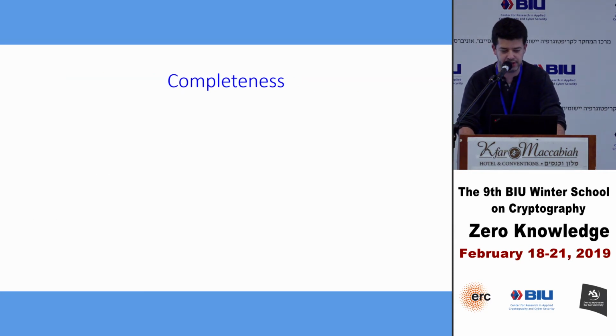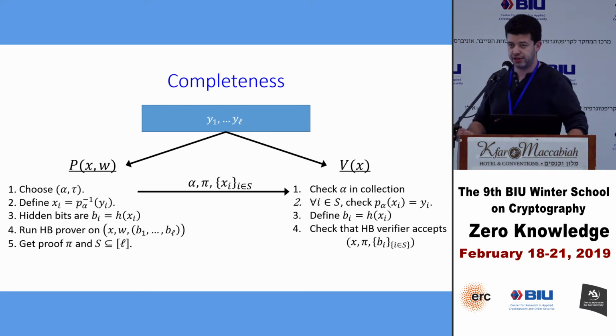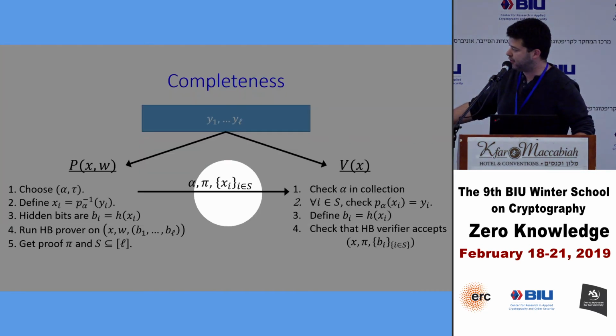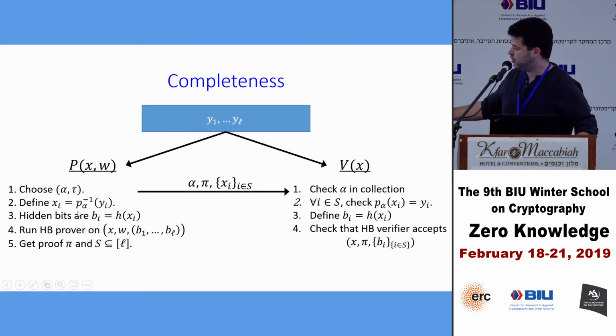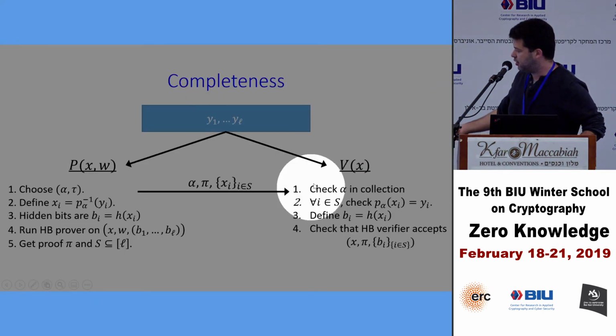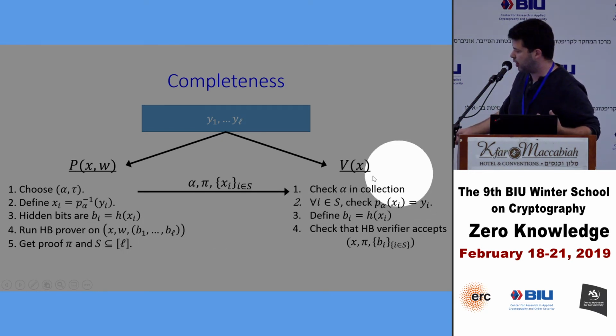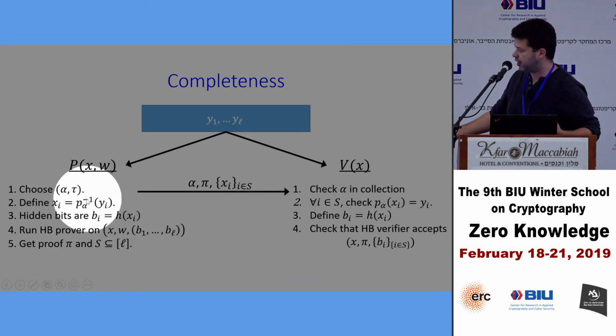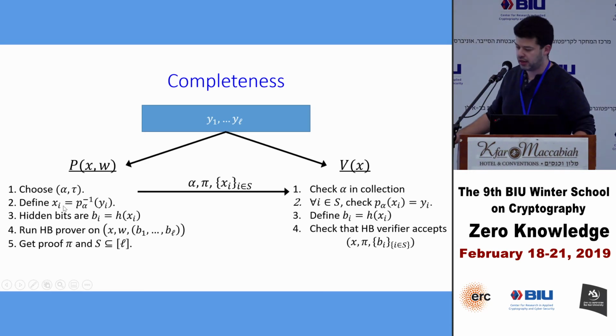So first of all, completeness. Let's bring back the protocol and check that all the checks that the verifier does, when x is in the language and the prover behaves in this way, actually pass. So is alpha in the collection? Of course, that's what the prover sent. For all i in S, if you take xi and apply the permutation, do you get yi? Sure, because xi was defined specifically in this way.